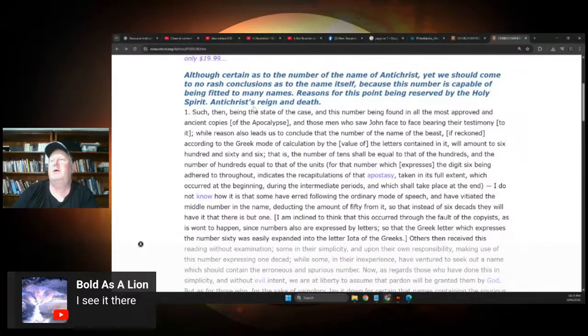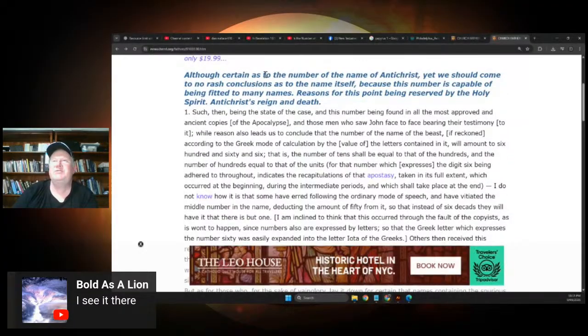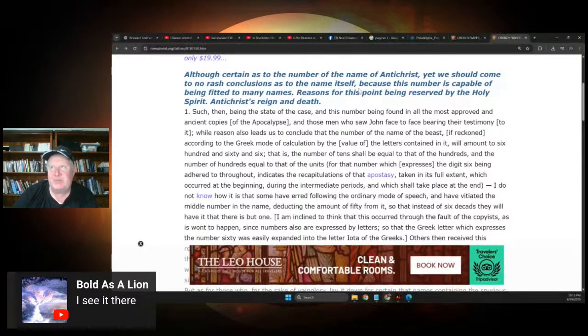So although certain as to the number of the name of the Antichrist, yet we should come to no rash conclusions as to the name itself. So in other words, people think it's this person and that person, like most people who have some sort of sway over politics: George Soros, Henry Kissinger, Prince Charles.